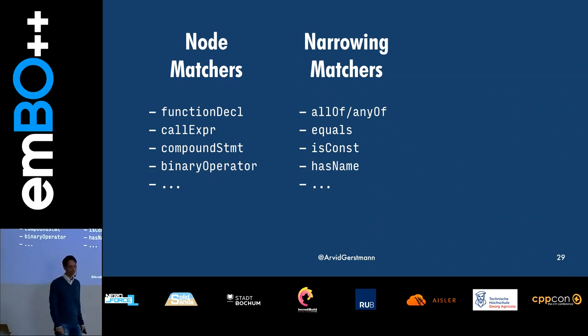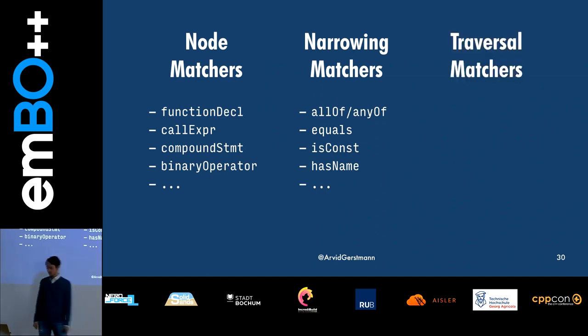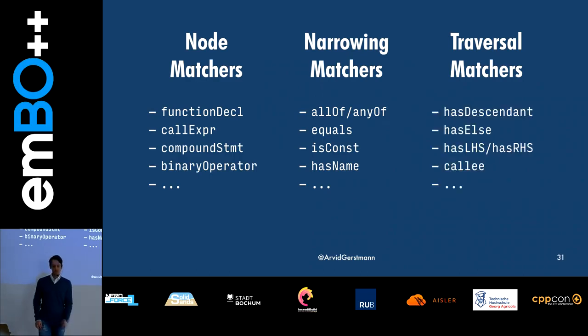We have traversal matchers. Traversal matchers specify a relationship to other nodes reachable from the current node. Examples of traversal matchers are hasDescendant. So if you have, for example, a function or compound statement, with hasDescendant you can iterate over all the descendants of this compound statement.